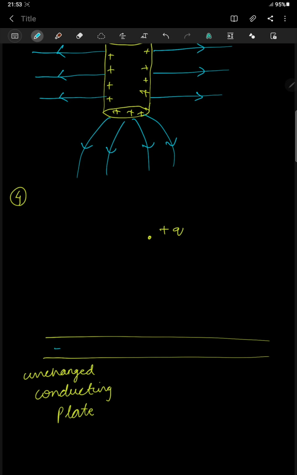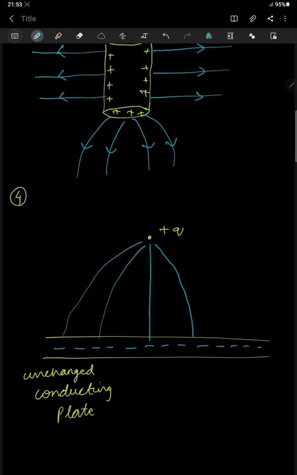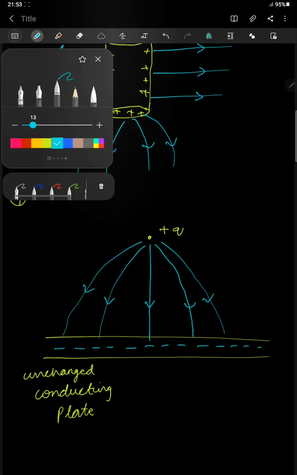It is quite obvious, negative charges will be induced here due to the presence of the plus q charge. So these are your induced negative charges. Then how to draw the field lines? It is quite easy. From here we'll have some symmetric lines in this manner, and the direction will be like this. This comes as a 1 mark question. So this will be your answer. You can write like this.